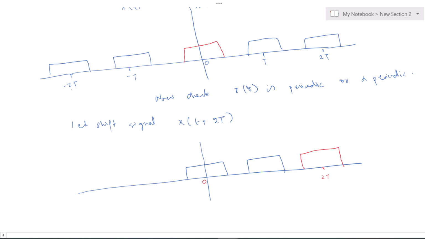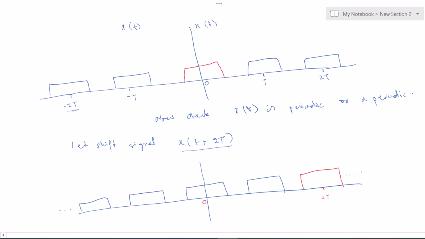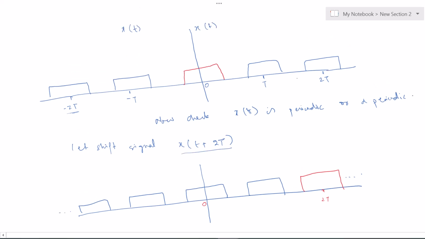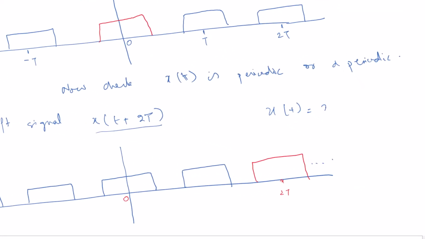So this minus 2T will come to 0, and the signal will repeat on the left and on the right side. You can see here that after shifting the signal on the x-axis, the shifted signal and the base signal are exactly the same. So if the shifted signal and the base signal are the same, then we can say that this signal is a periodic signal.